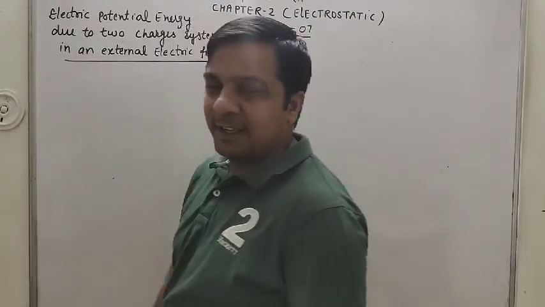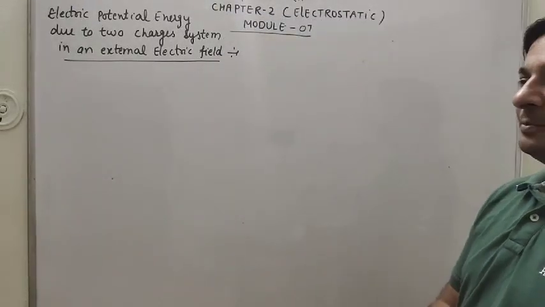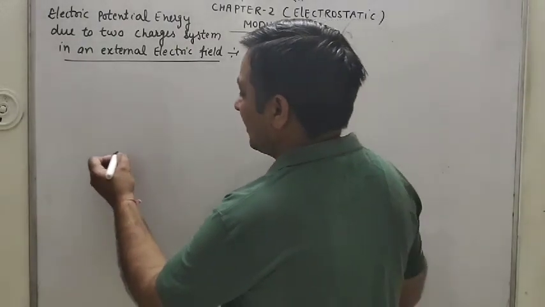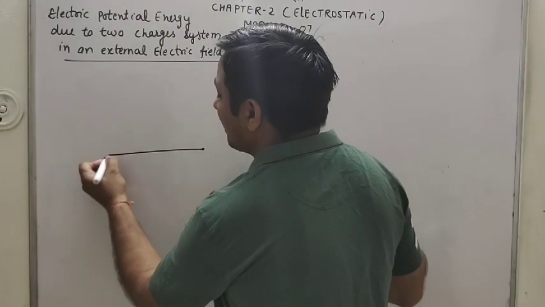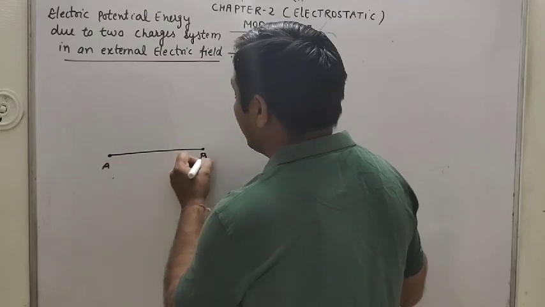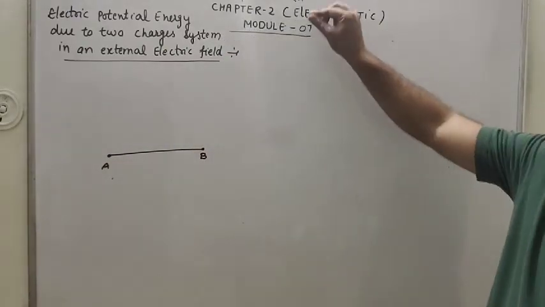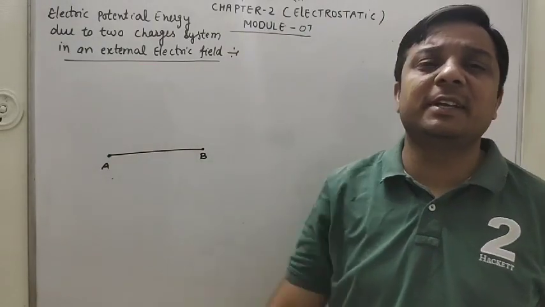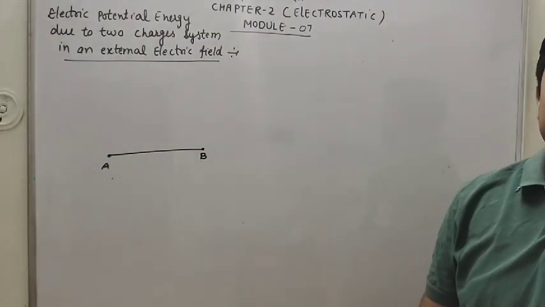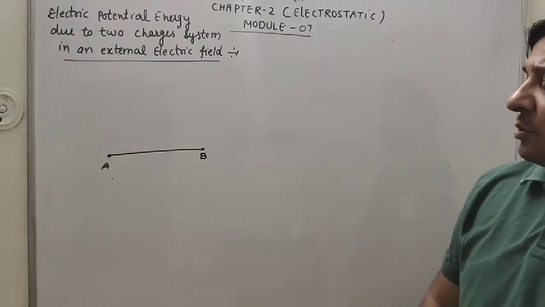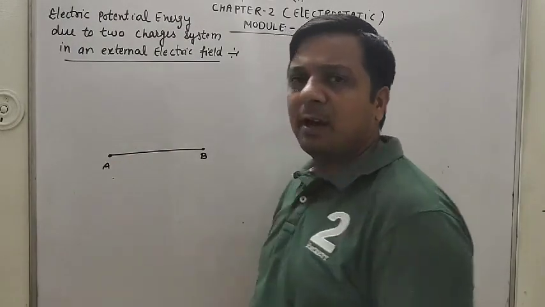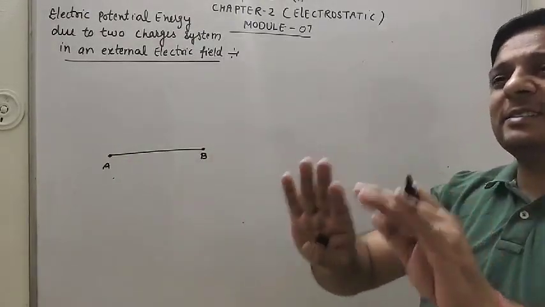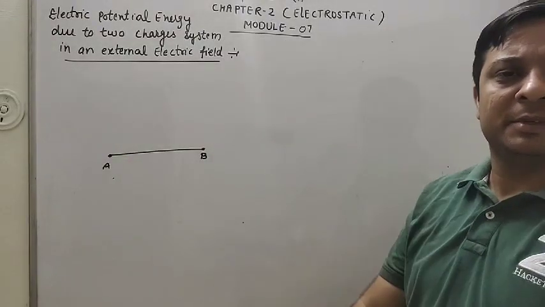Here one thing is very important. These are the two locations A and B. Already we will bring two point charges from infinity to the locations A and B. But the thing is that this point is already in the electric field of some charge system.